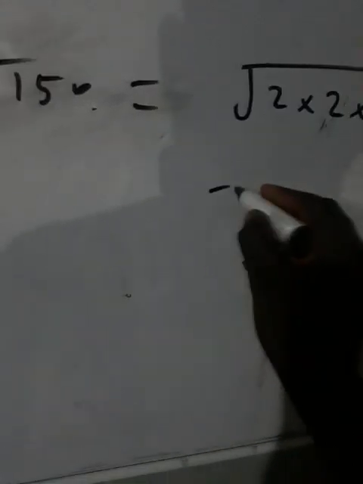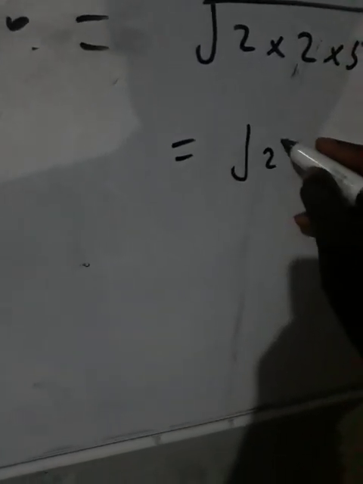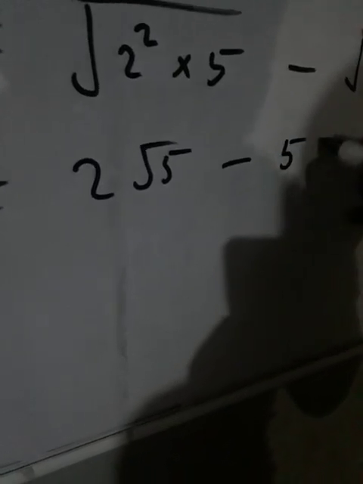So root 20 minus root 150 is equal to root of 2 squared times 5 minus root of 6 times 5 squared, which is equal to 2 root 5 minus 5 root 6. This is the final answer.